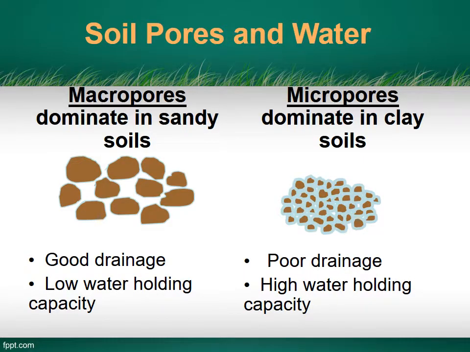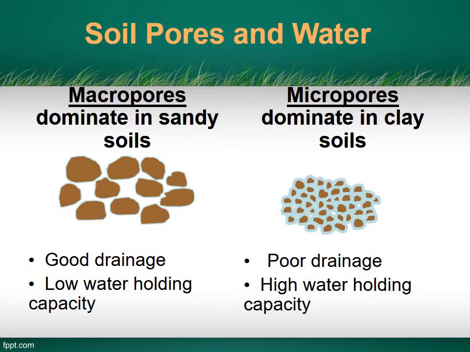So it's generally the particle size that determines the size of the pores in the soil, which determines exactly how well that soil drains. So in a very sandy soil, you have large openings, large tunnels, large empty spaces between the particles that are called macropores. That results in very good drainage, but on the other hand, very low water holding capacity.